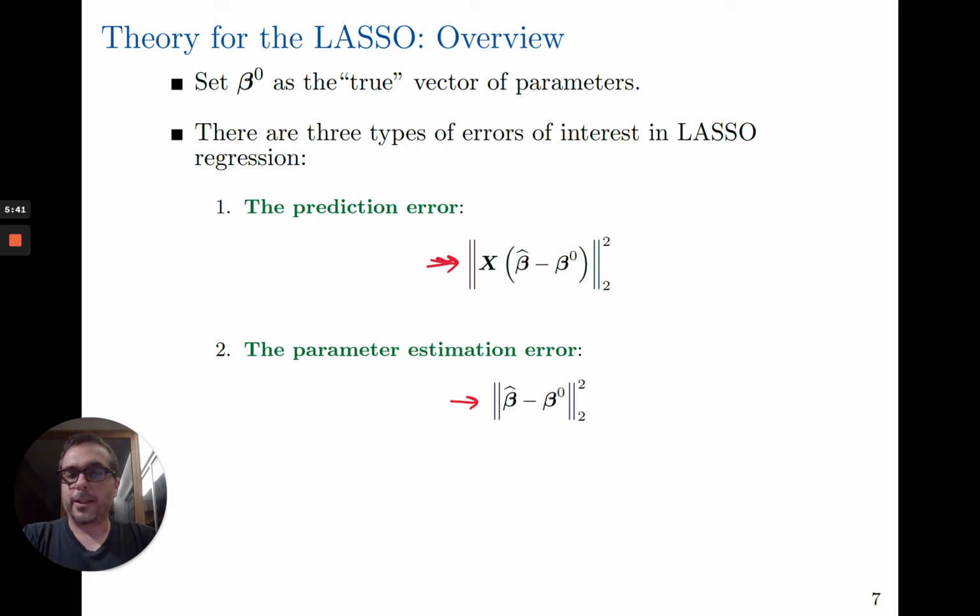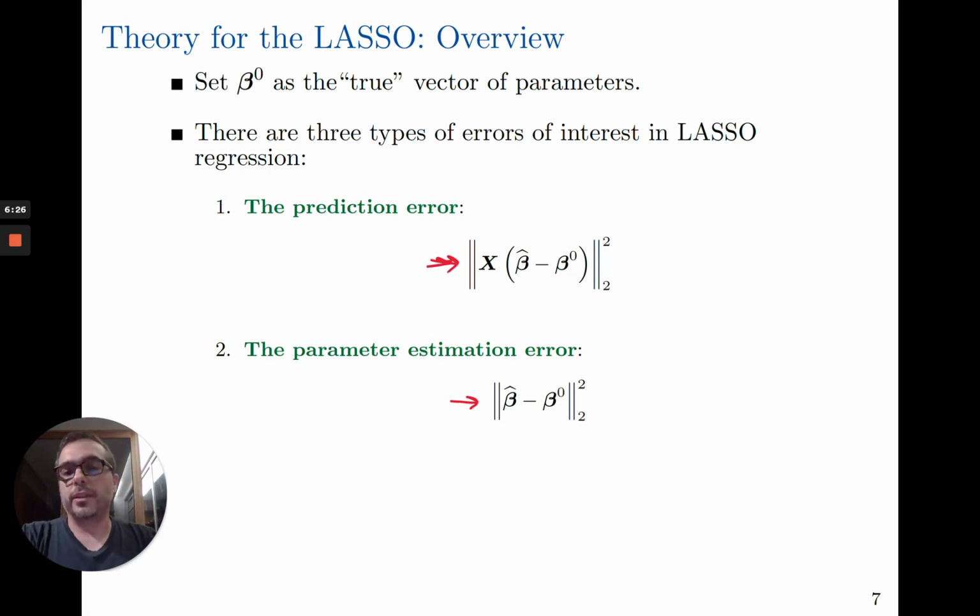This one is less restrictive in a sense, but it has a lot of practical importance, because if we are using the model to make predictions, maybe our coefficient estimates are not exactly equal to the true ones, but our predictions can be as good as the Oracle prediction, the prediction that we would make if we knew the truth, if we knew beta naught. Here it's much more ambitious, because we want to learn exactly the true parameter, beta naught. So this is a more difficult problem.